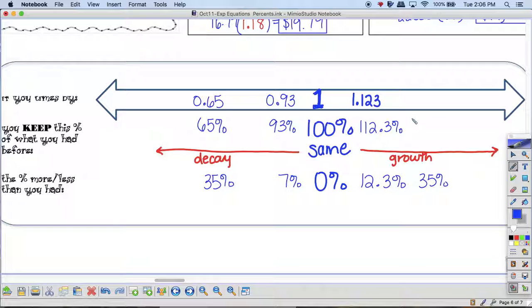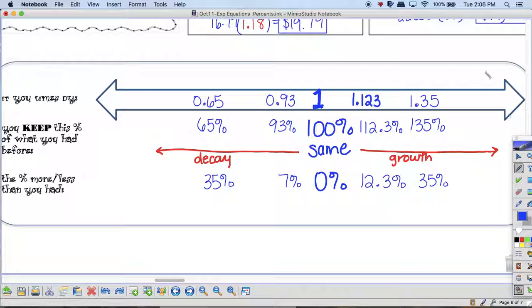That means I would need to be keeping 135%, so I would need to multiply by 1.35. Okay, so 0.65 is 35% decay, 1.35 is 35% growth. Okay, what do you think it means if I multiply something by 2?